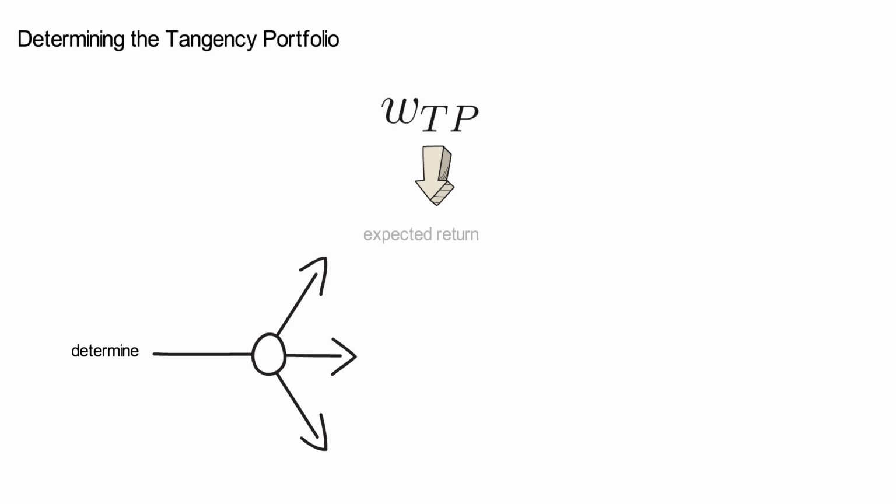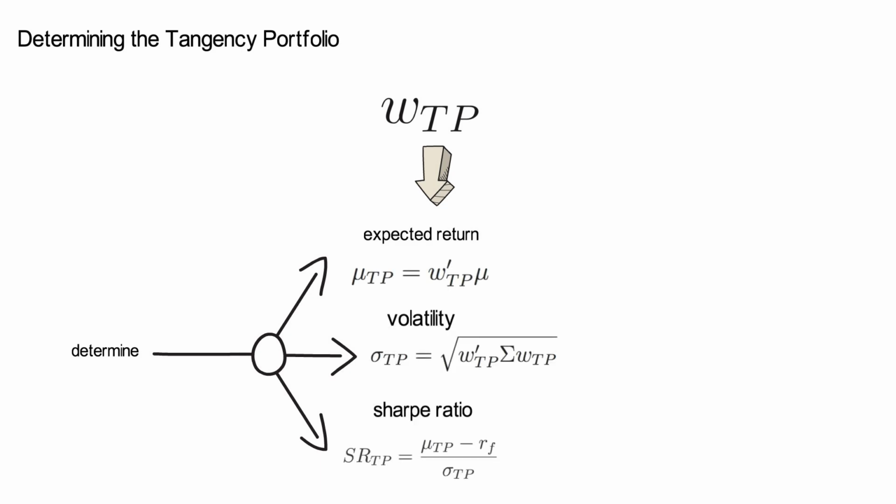Okay, let's pause for a minute. We just talked about 3 ways to determine the tangency portfolio. Once you have its portfolio weights, WTP, you determine its expected return, its volatility, and its Sharpe ratio.